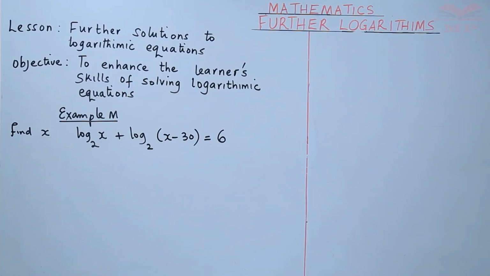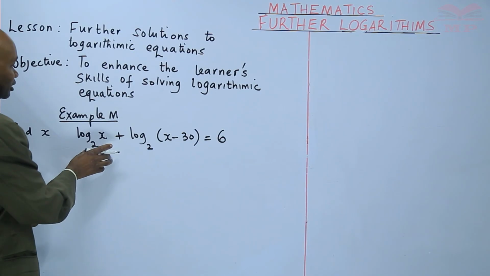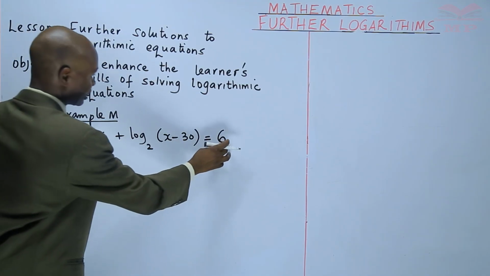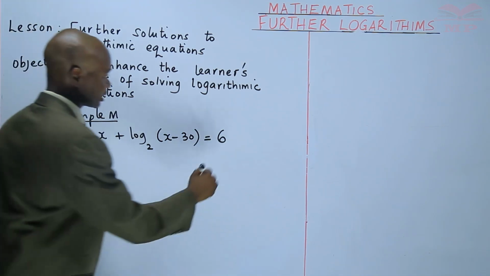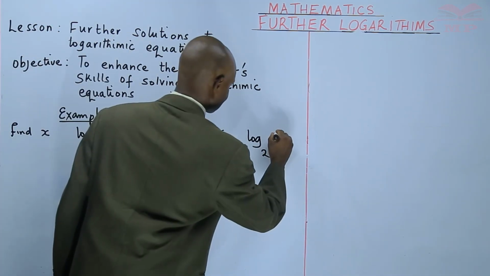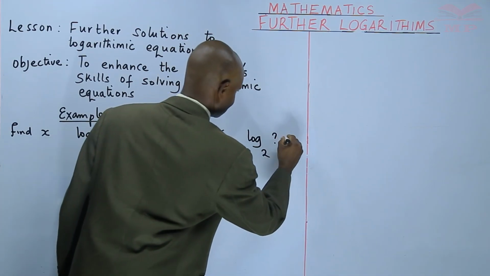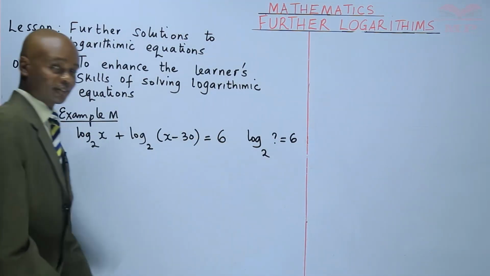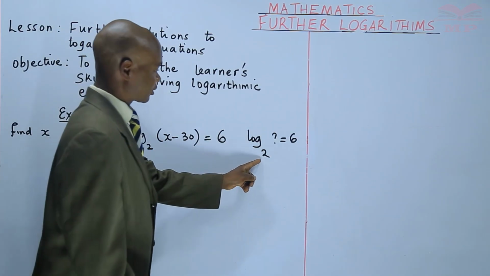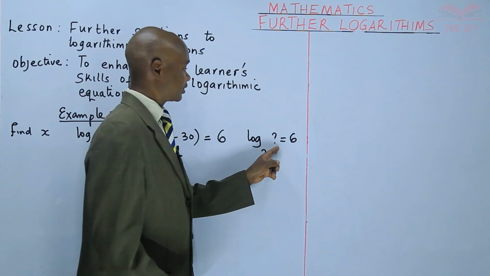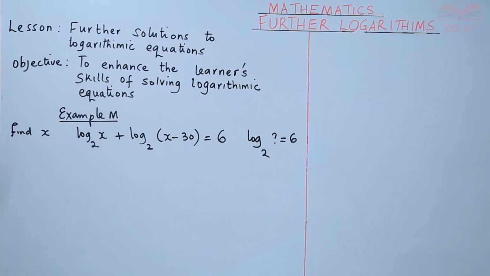So learner, that is the first equation. The first term is to the base 2, but there is a 6 there. There is something I should do to that 6. It is simply asking: log to the base 2 of a number I do not know should give me 6.